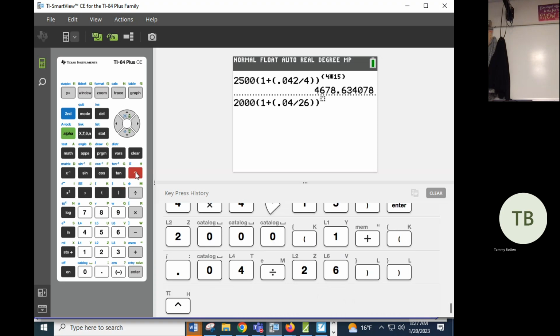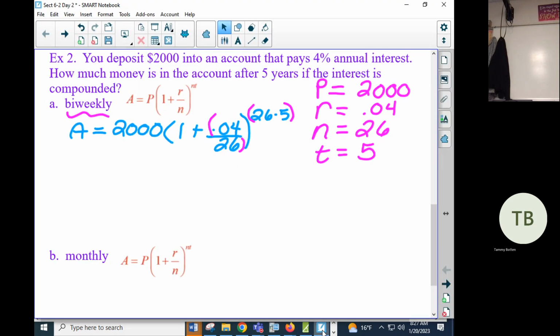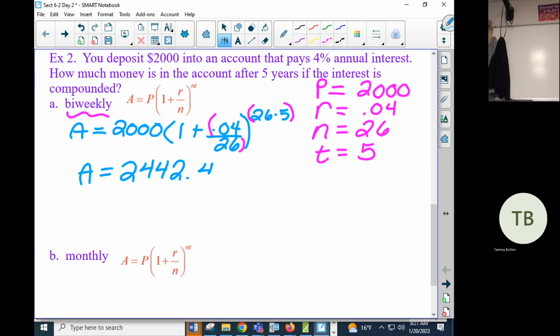Then we're going to go up arrow, and if you have one that you need that in parentheses, you'd go parenthesis, and then it would be 26 times 5. Okay, did you guys get $2,442.43? So if I put that answer here, $2,442.43.